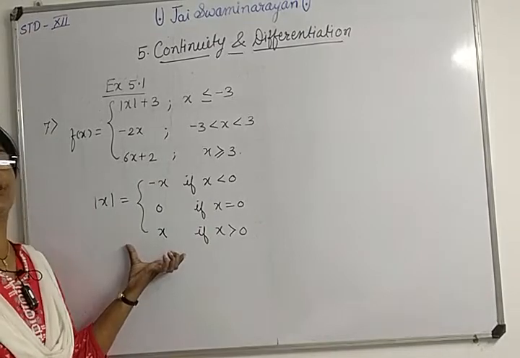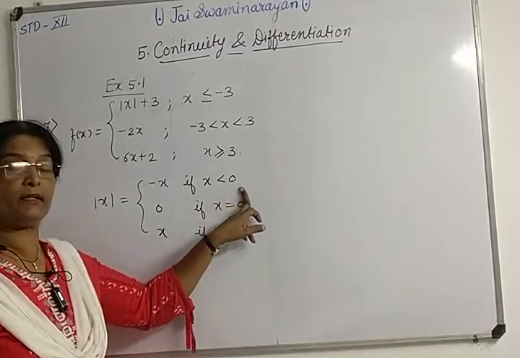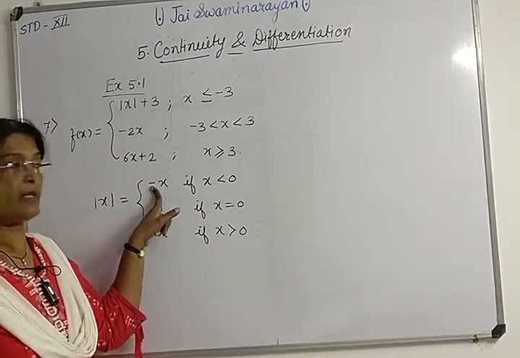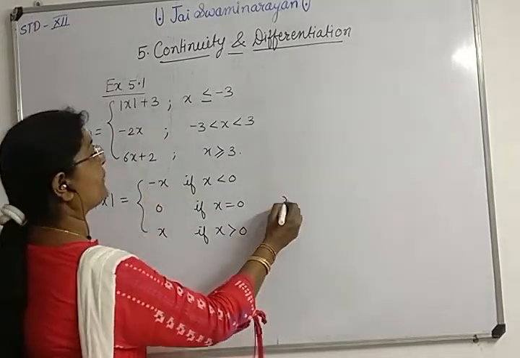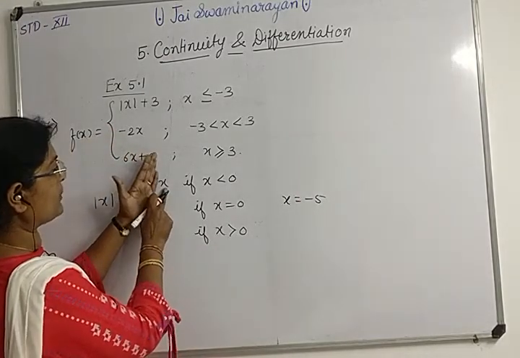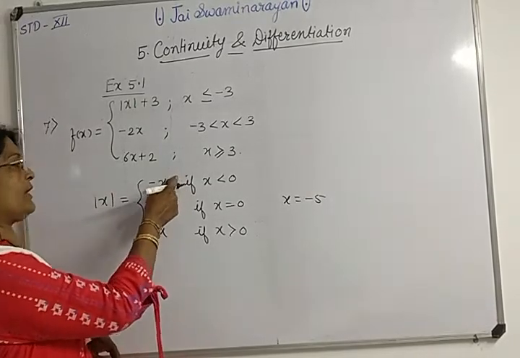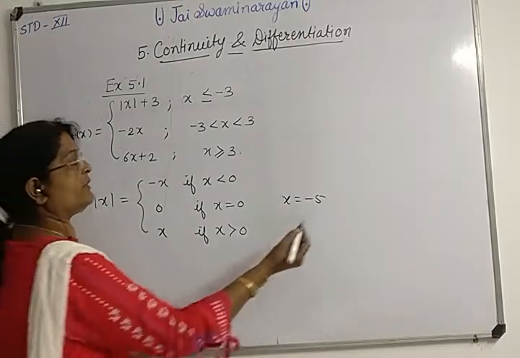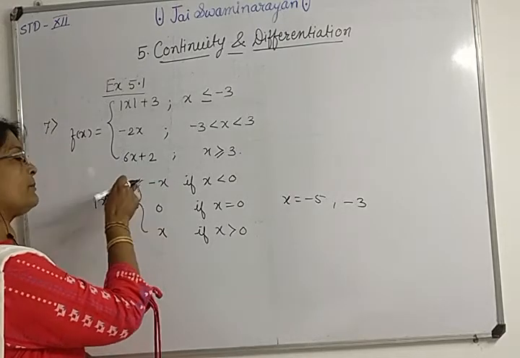This is the actual definition of modulus function: if x is less than 0 then our function is -x. What does this mean? Less than 0 means all negative numbers. Suppose the value of x is -5, then put -5 instead of x here, minus into -5 means it will be +5, and that's why mod of any number is always positive. If x is -3, then minus of -3 becomes +3.